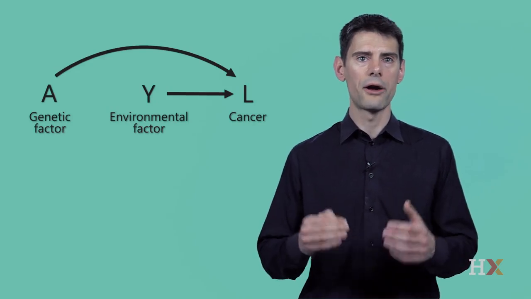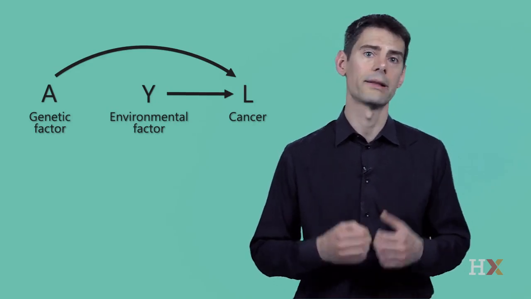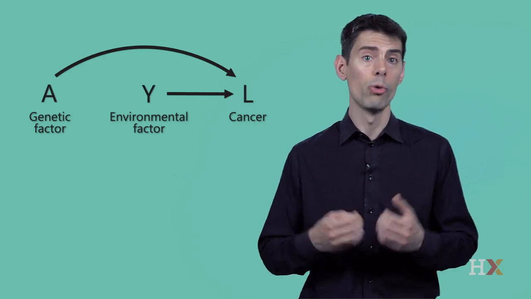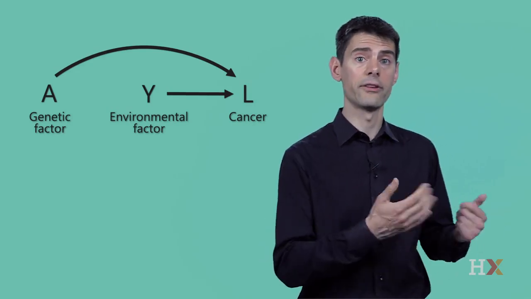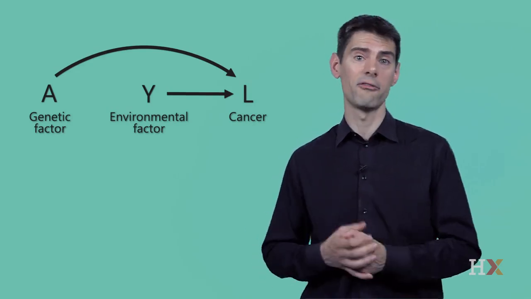Another way to say this is that the genetic factor A contains information that allows us to predict the environmental factor Y better. If that's true, then there is an association. So, under our graph with no arrows from A to Y, but arrows from A and Y to L, do we expect to find an association between the genetic factor A and the environmental factor Y?